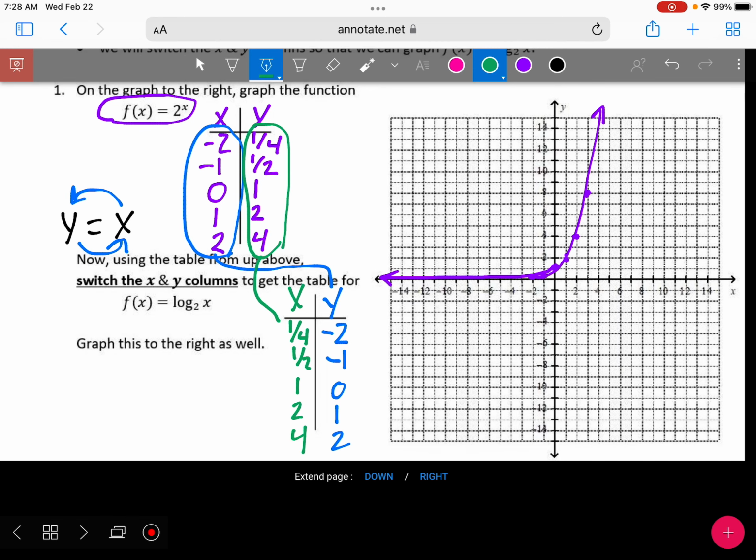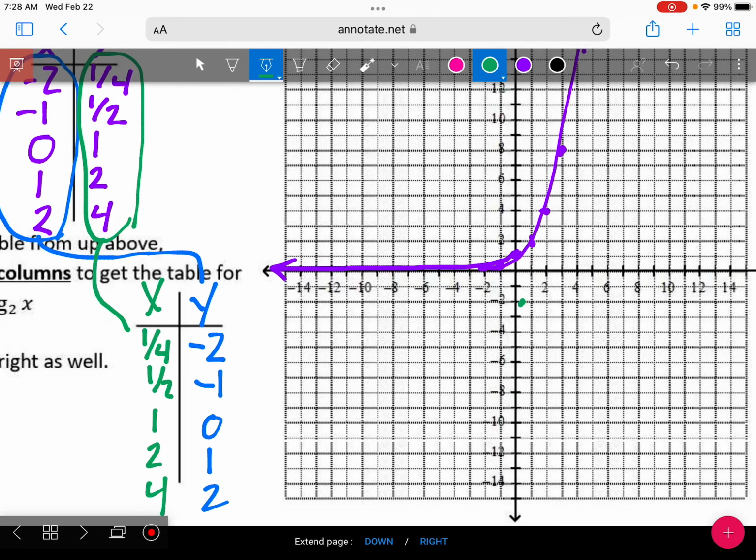Our x is 1/4, which gives us a y of -2, which I'm going to zoom in a little bit here, which is down here somewhere. My 1/2 is at -1, 1, 0, 2, 1, and 4, 2.